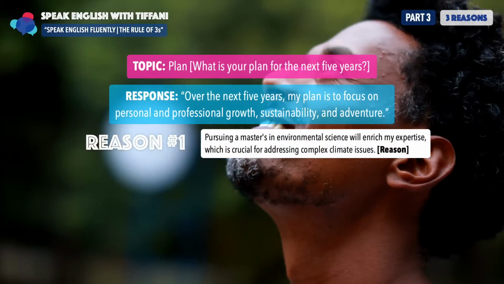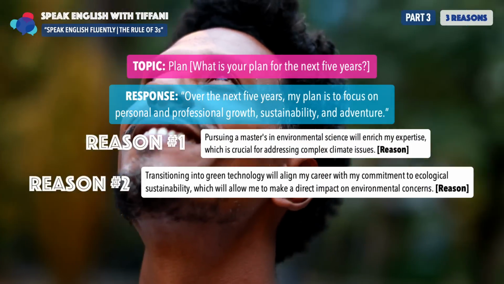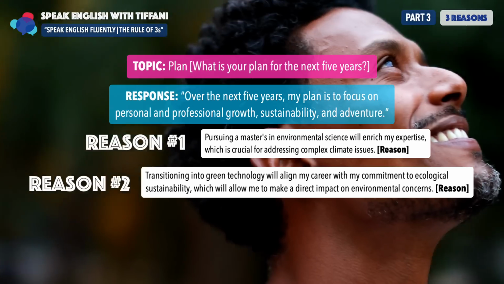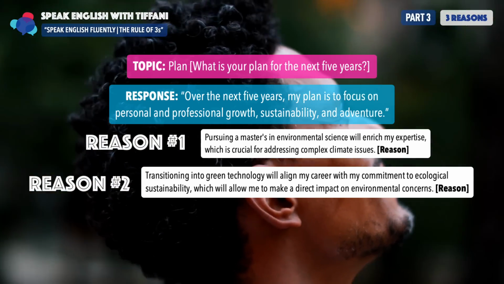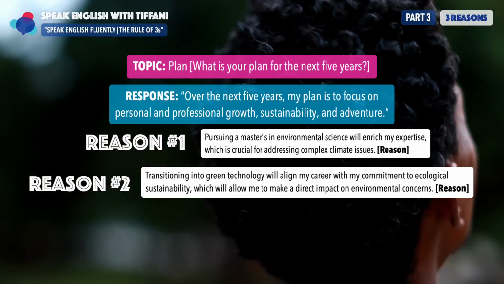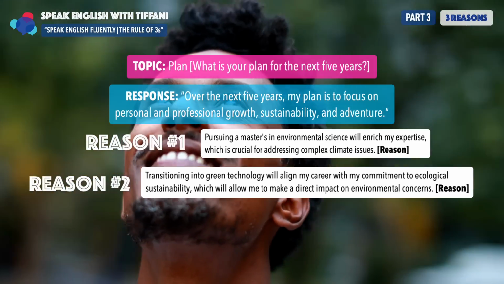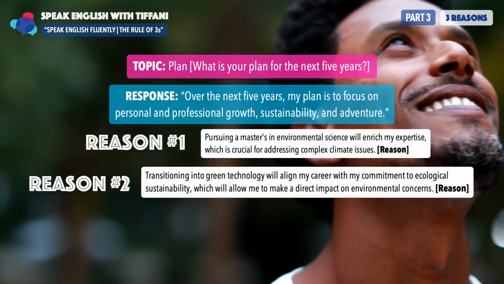We're helping you speak English with more confidence. So the responses, the information we're organizing is going to be a bit more complex. Second reason. Transitioning into green technology will align my career with my commitment to ecological sustainability, which will allow me to make a direct impact on environmental concerns.